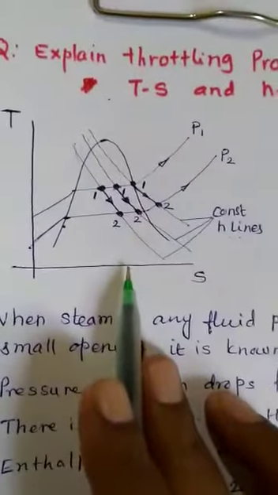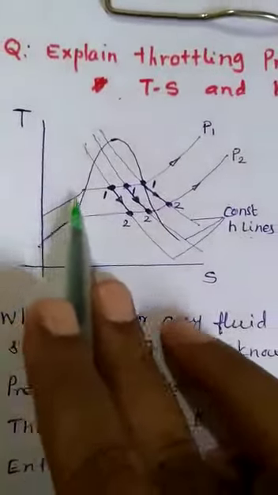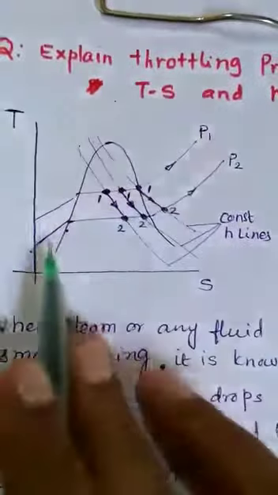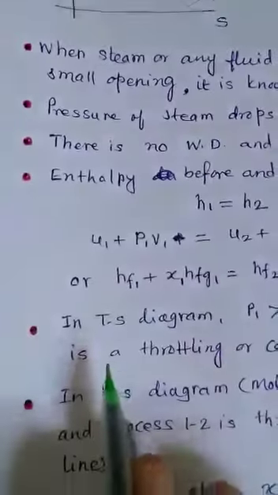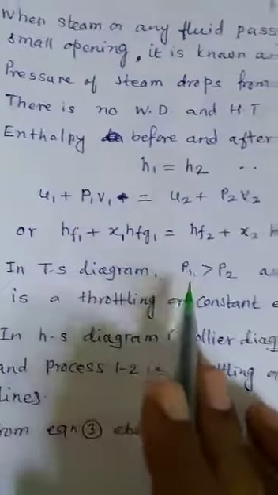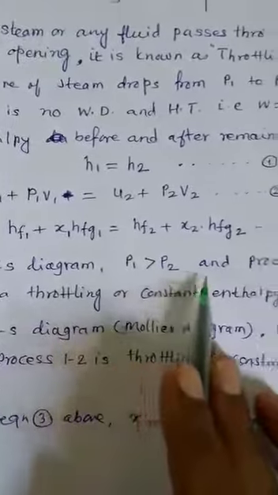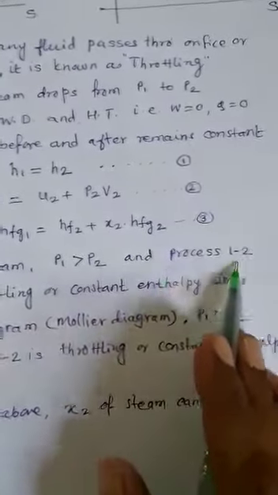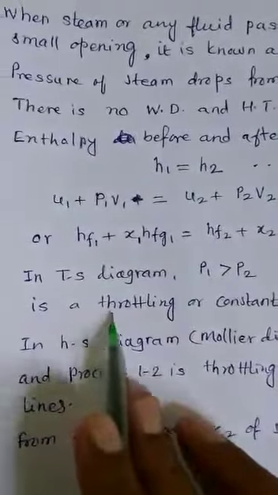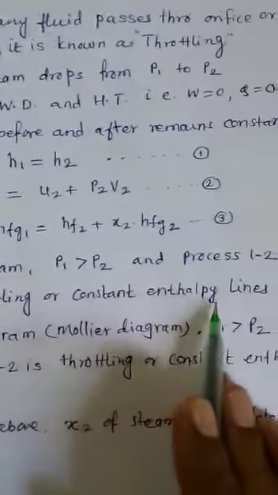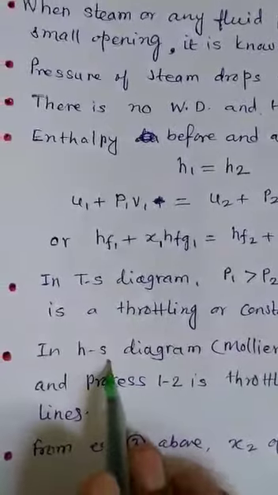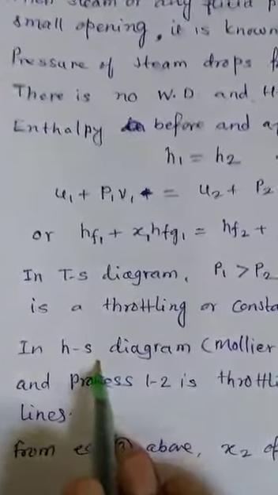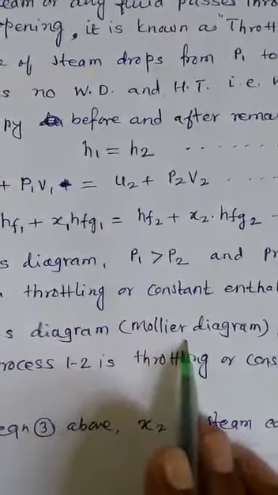Consider the TS diagram again. This is the high pressure line P1 and this is the low pressure line P2, and the point I have written is in TS diagram P1 is greater than P2, and the process 1 to 2 is known as throttling or constant enthalpy process or constant enthalpy line. Now we consider the other diagram, that is HS diagram. This we know it well.